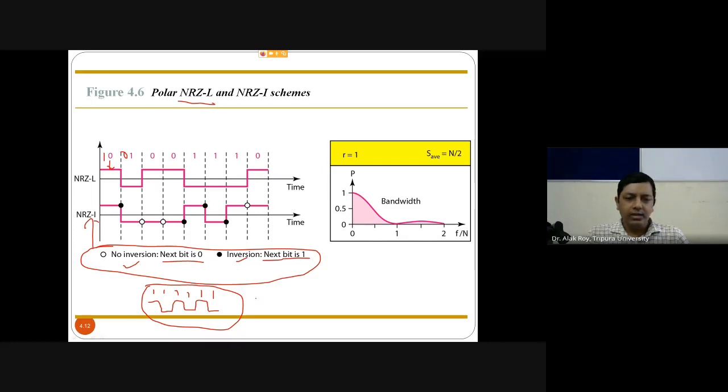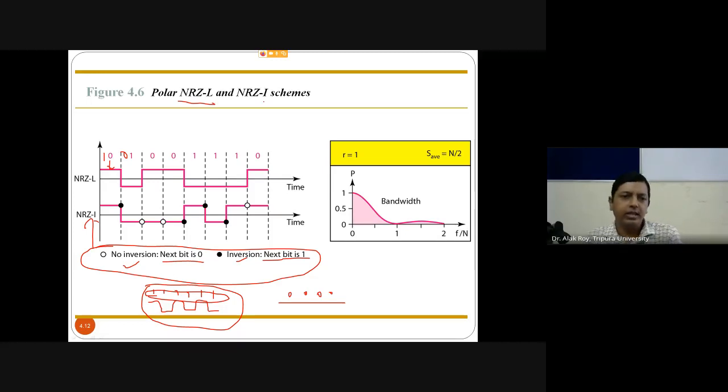Using NRZ inversion, it will easily decode all the ones present in the bit stream. For 0, it will continue at the same level without inversion. So that is the difference between NRZ-L and NRZ-I.